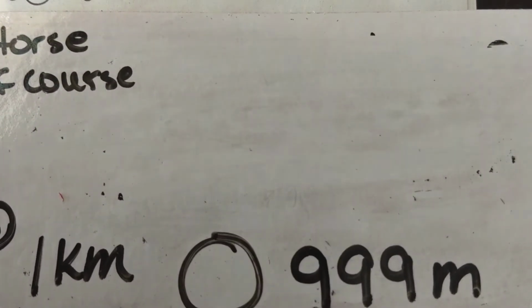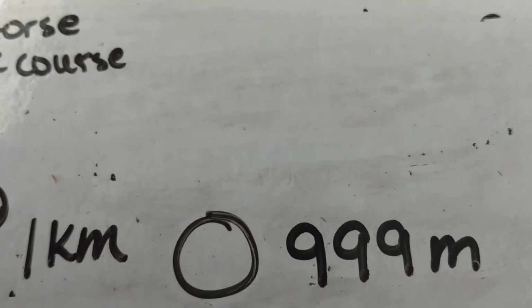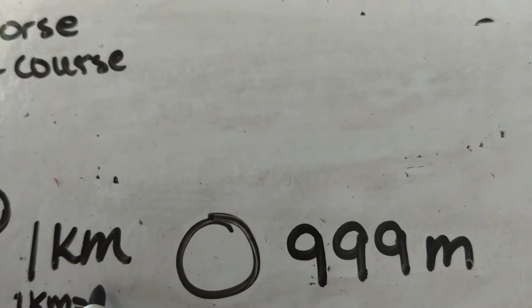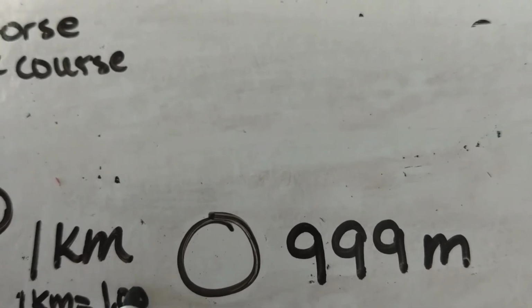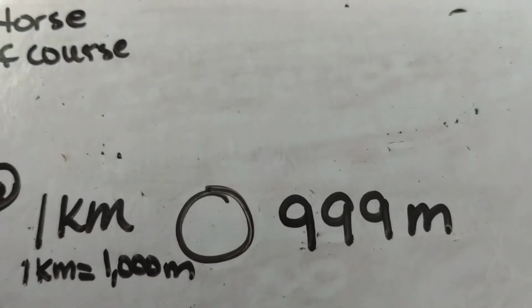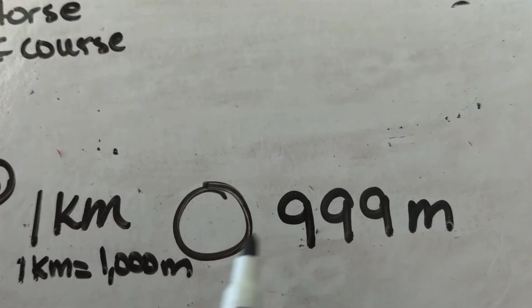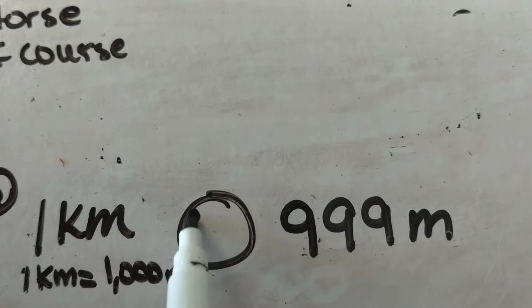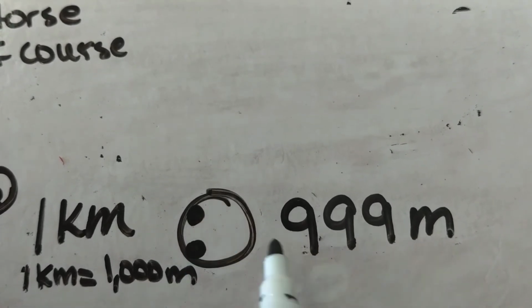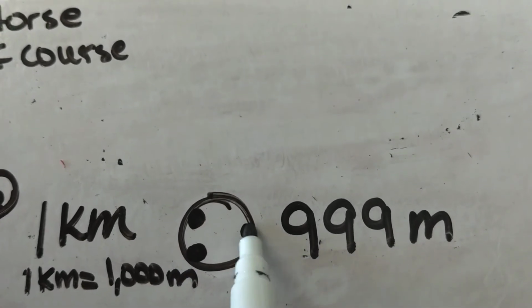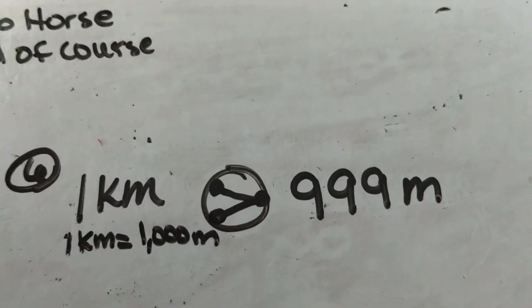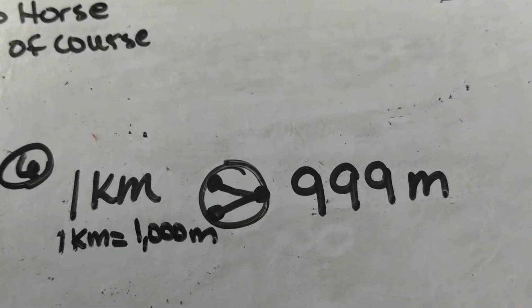So 1 kilometer. Remember, 1 kilometer equals what? 1,000 meters, right? Isn't 1,000 meters greater than 999 meters? Yes, it is. So 1,000 would get 2 dots. 999 is a lesser number, so it would get 1 dot. And we simply connect the dots. So that's the answer to number 6.